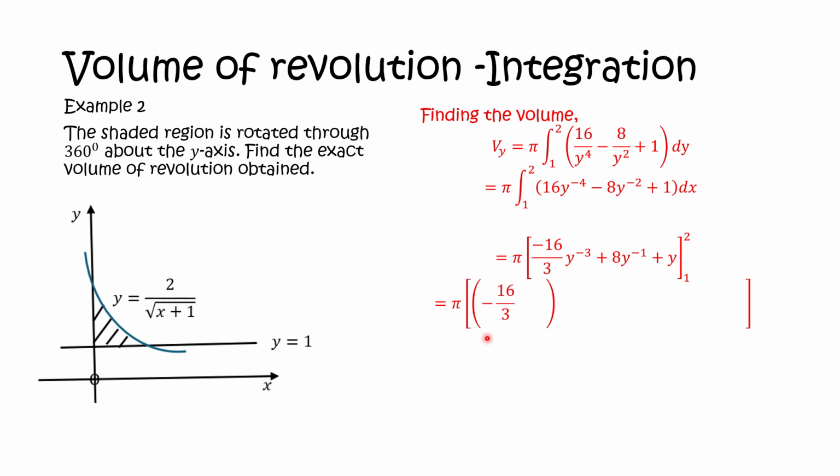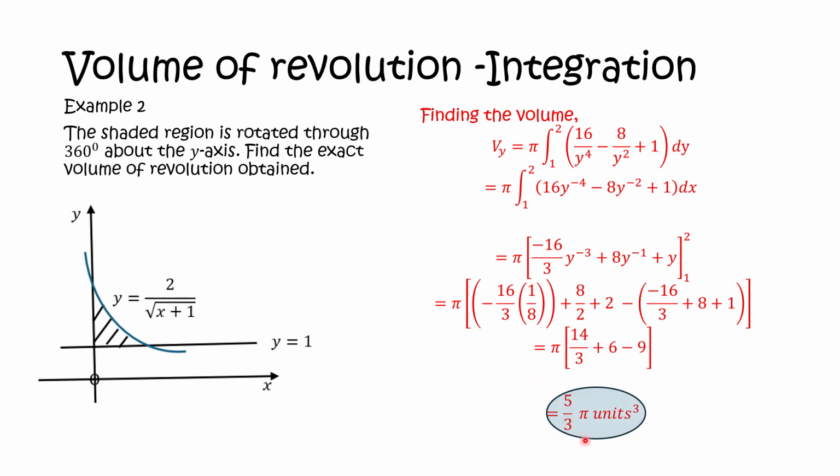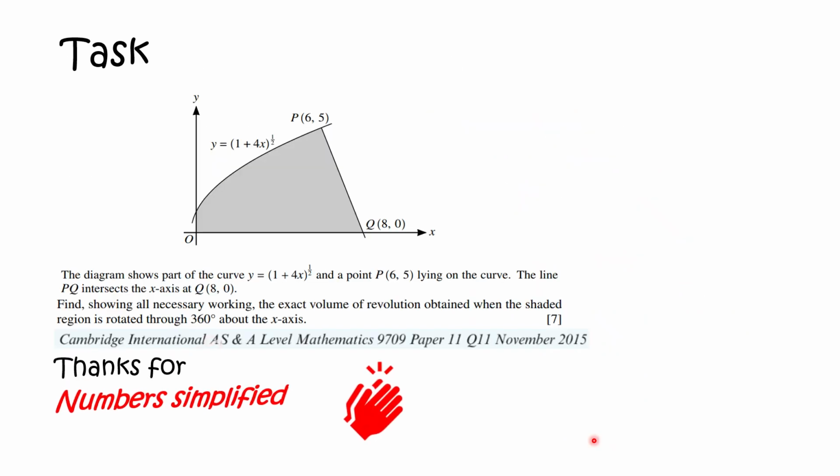Then the next thing we do is to substitute the upper limit, then subtract with the substitution of the lower limit. Then as we do so, we simplify our work up until it gets to 5 over 3 pi cubic units. Great. So if you've made it thus far, congratulations.